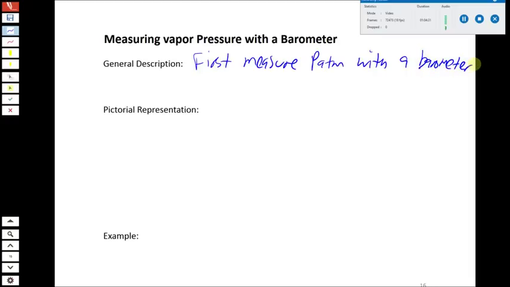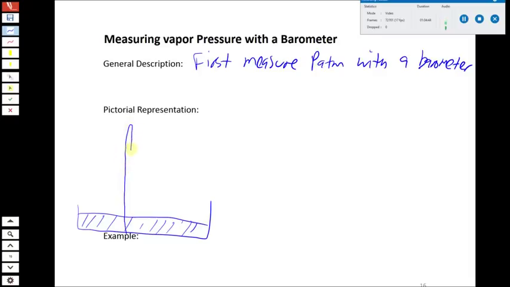All right, so remember that a simple design for a barometer is you have a dish of mercury and you invert a hollow tube into it. So this is my barometer here.